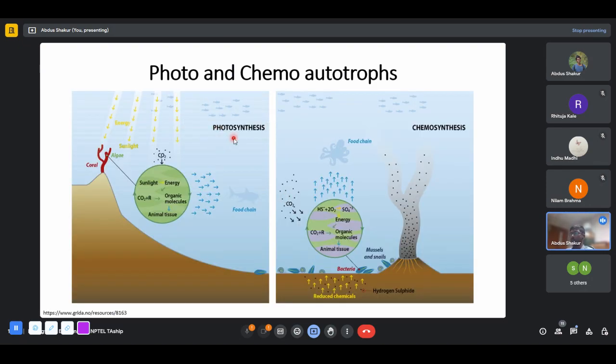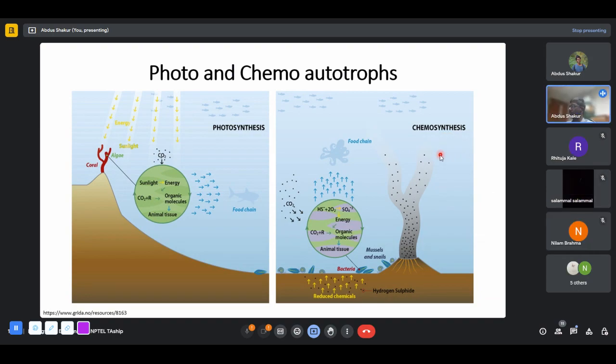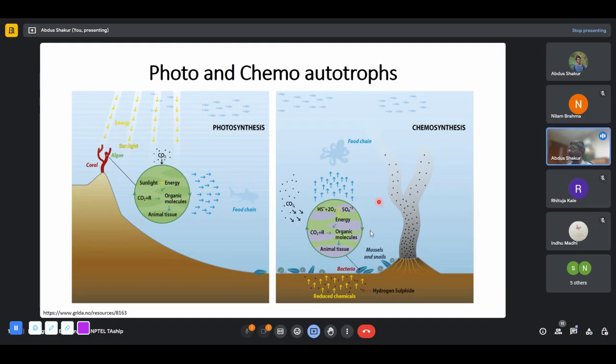Autotrophs can be of two different types. The ones that use photosynthesis are called photoautotrophs because they use sunlight for synthesizing energy, basically glucose here mostly. In chemosynthesis, chemoautotrophs use chemical reactions: they reduce some chemicals and use the energy released from those reactions to make organic molecules.